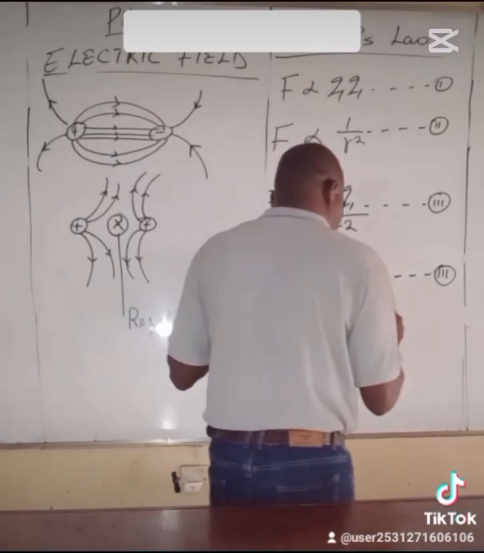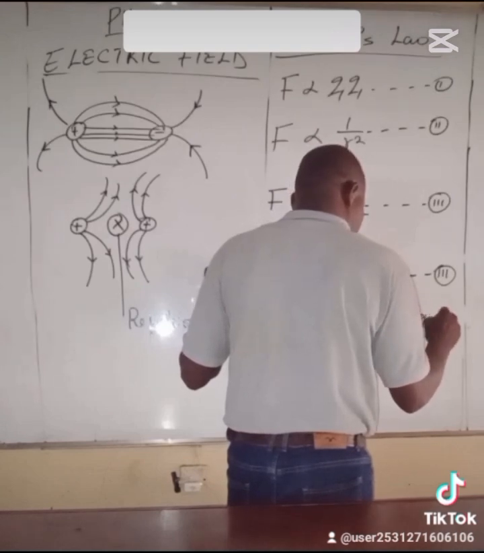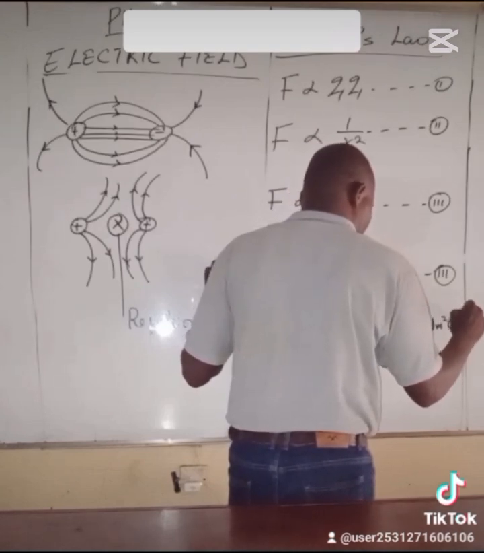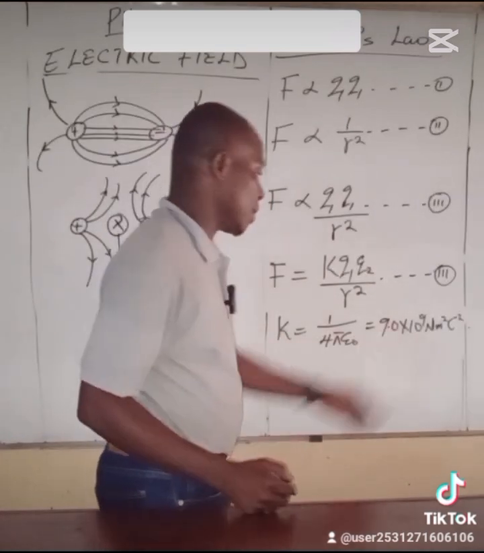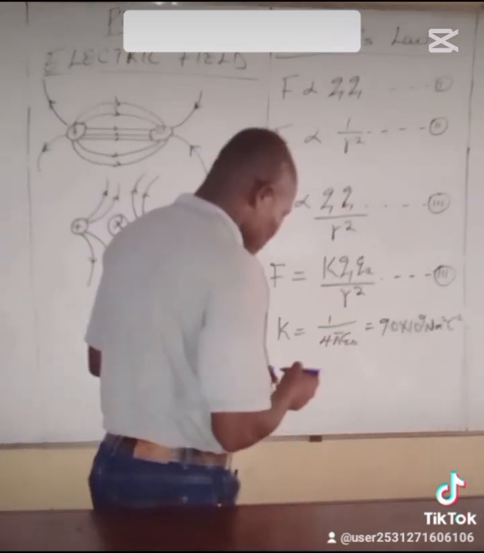And this is also equal to 9.0 times 10 raised to power 9 Newton meter square per Coulomb square. So this is the size of this constant K, or 1 all over 4 pi epsilon naught.